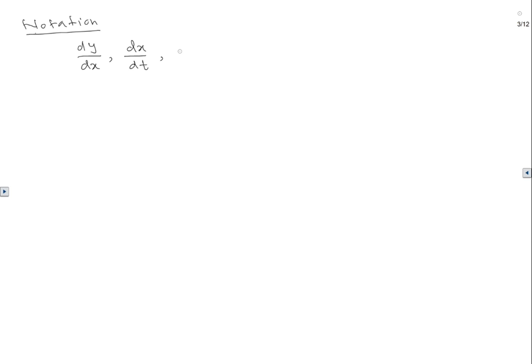Also we can use the prime notation: y prime, and for higher derivatives, y double prime, like that. We can also write the third derivative as d3y over dx3. This is what we normally call the Leibniz notation.